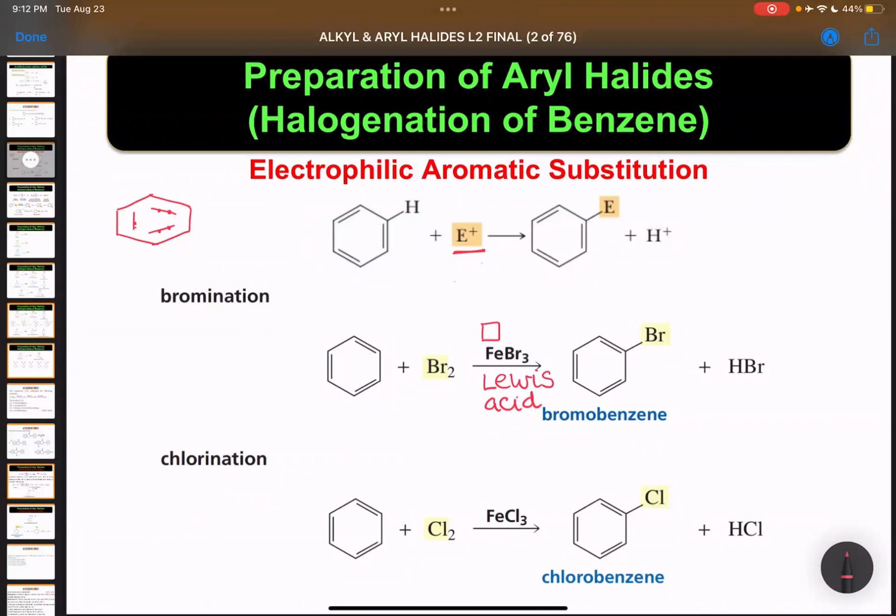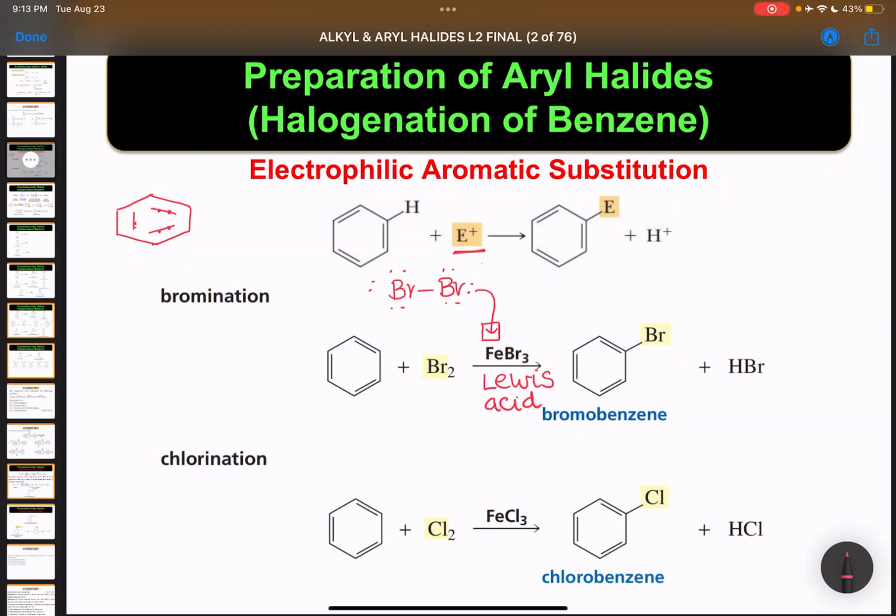And you have taken a Br2. So what will this empty orbital do? Br actually has lone pairs, right? 6 lone pairs means 6 unshared pairs of electrons. This empty orbital and the lone pair get bonded, and the Lewis acid catalyst accepts the lone pair from Br.